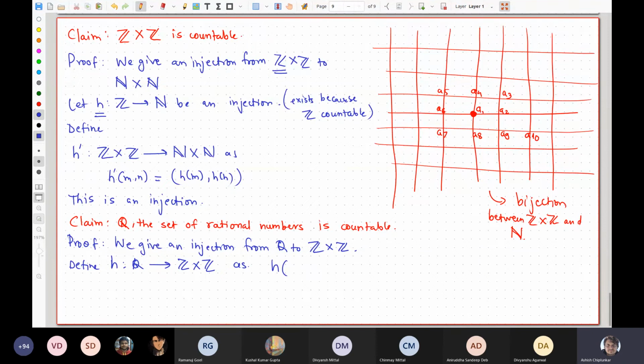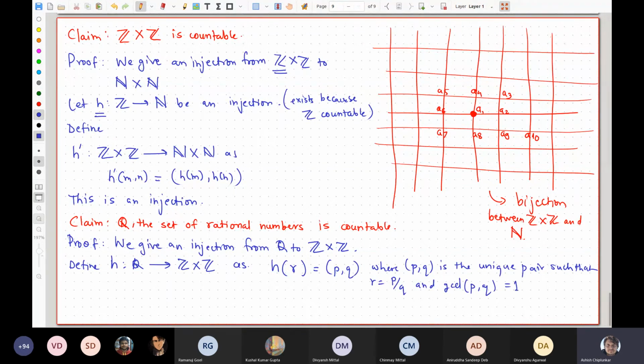Awesome. Sounds good. So you are saying H of R is equal to (P, Q), where (P, Q) is the unique pair such that R is equal to P over Q and GCD of P and Q is 1.